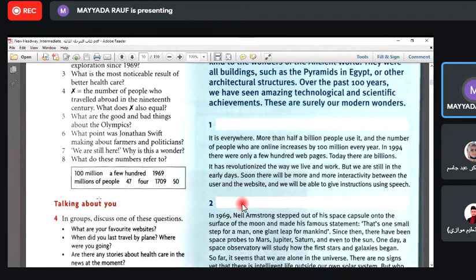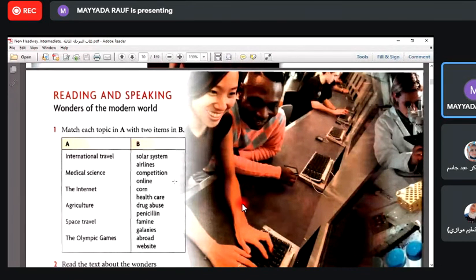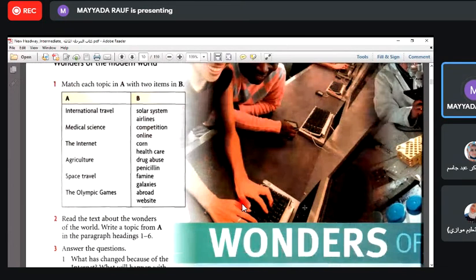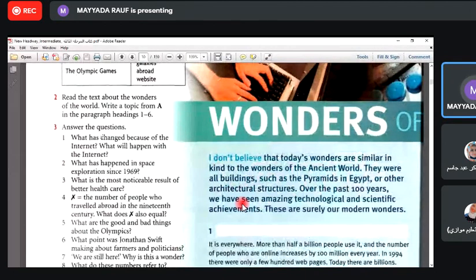So, concerning this paragraph, you need to match each topic in A with two items in B. Okay, these are the topics in A, and these are the items in B, depending on the information presented in the paragraph. Okay. Here you have to answer the question related to these paragraphs.